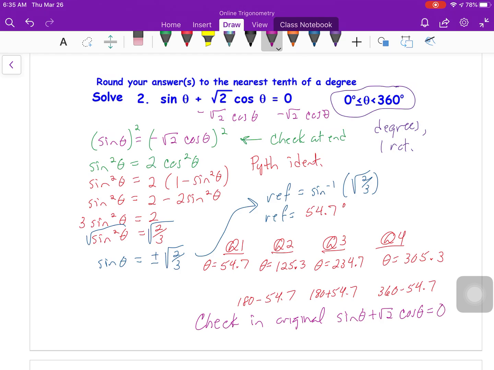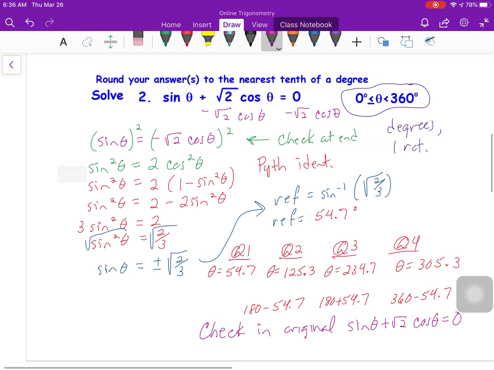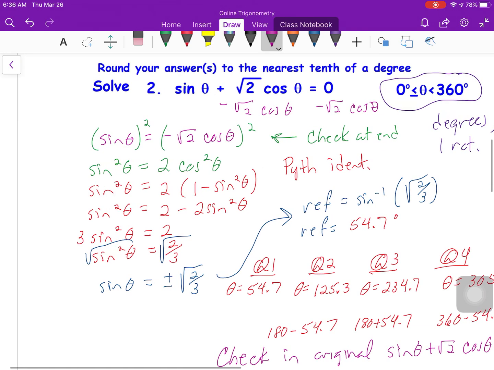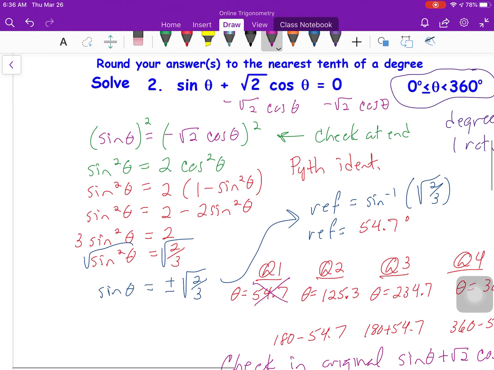Now, we'll check that by typing them into our calculator, but we can save some time here. In quadrant 1, both sine and cosine are positive. So there's no possible way I can add two positive numbers and get 0. That means that the quadrant 1 angle must be extraneous.